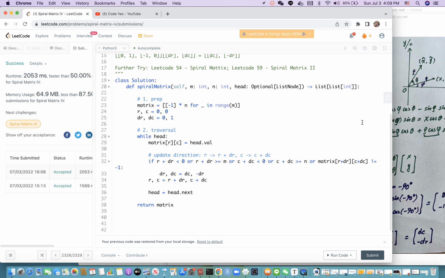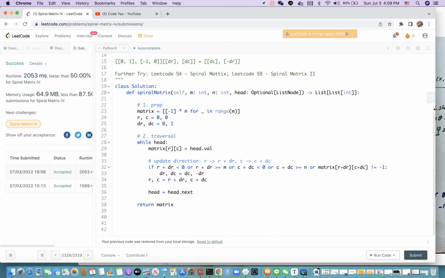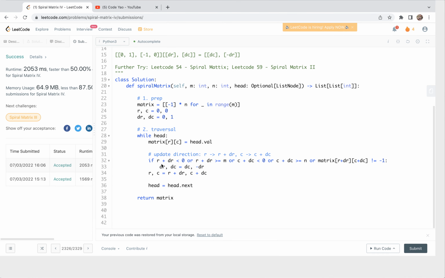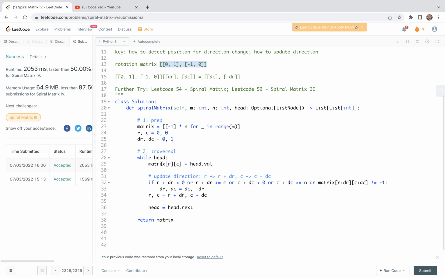So you have dr, dc equals dc and negative dr. So that's all about this. So basically the key for this problem I would say is the rotation direction update, right? So with that realized, it's nothing but a matrix spiral traversal problem.